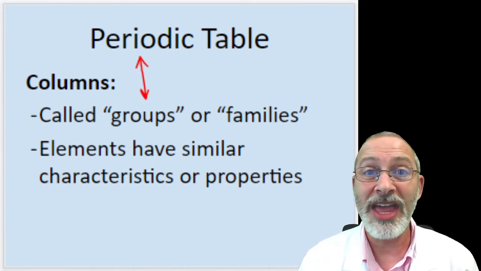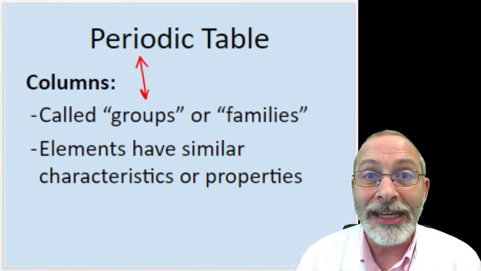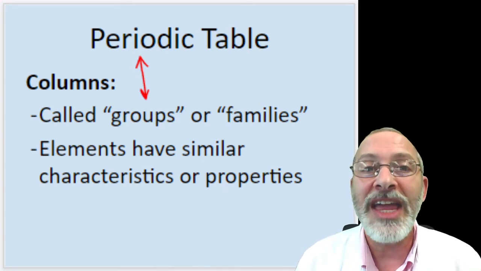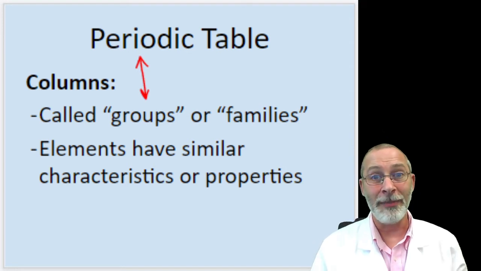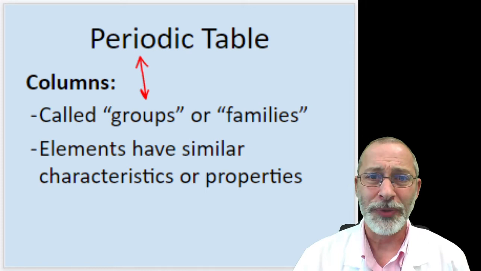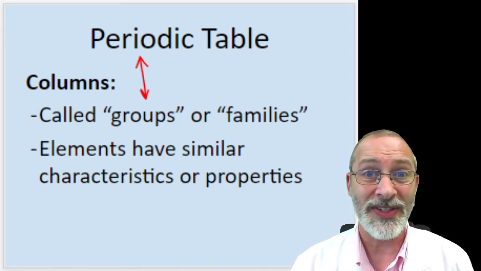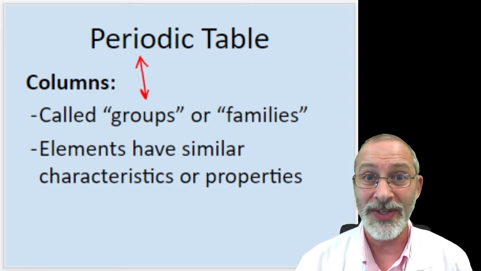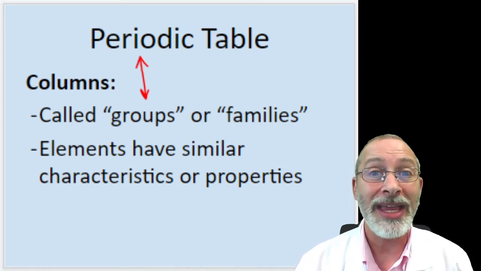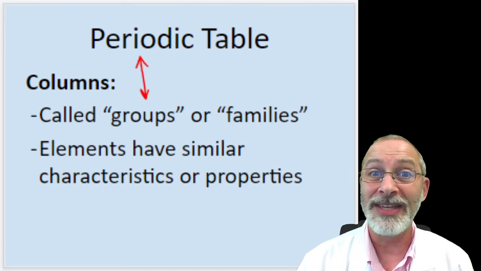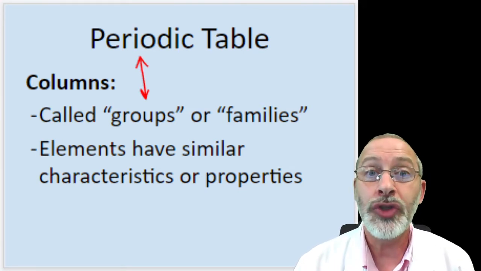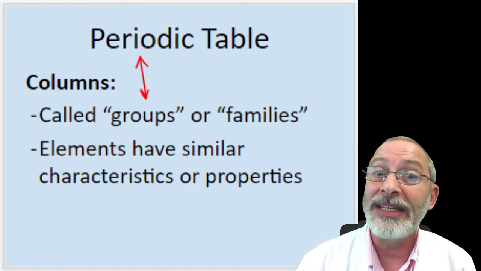You could say they are related to one another, which is why we call them families of elements. So think about that as we go through. And it's those characteristics, those properties, that both Mendeleev and Moseley were recognizing and identifying as they were arranging their element cards into a periodic table.